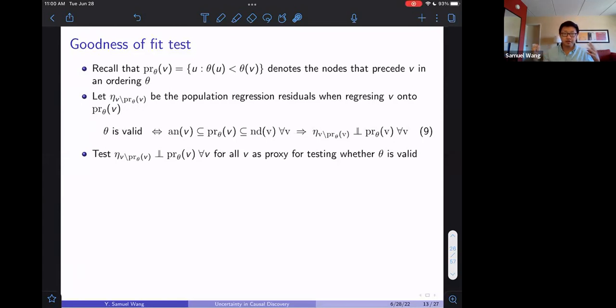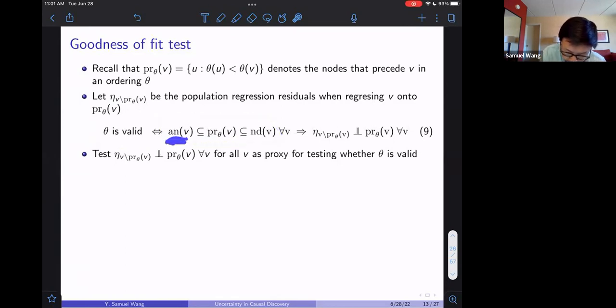Okay, so what I showed you roughly from the small example before is that when theta is a valid ordering, this is equivalent to these ancestral conditions here.